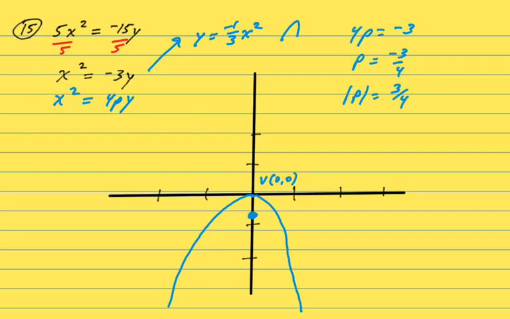So on the inside here, you have a focus, and that's at 0, -3/4. And if you went 3/4 to the outside, you'd have a directrix at y equals 3/4. So I have my vertex, focus, and directrix labeled.